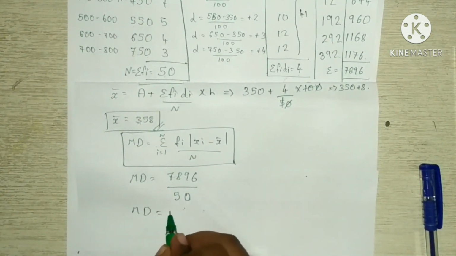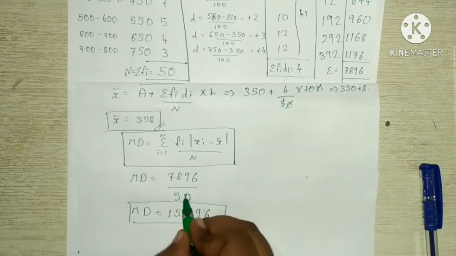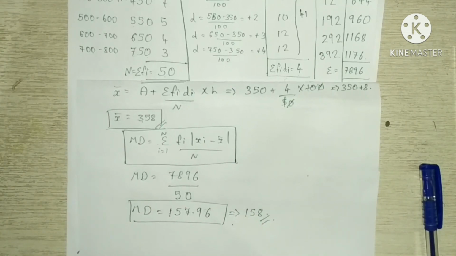MD is equal to 157.96, which is approximately 158. Thus it is simplified.